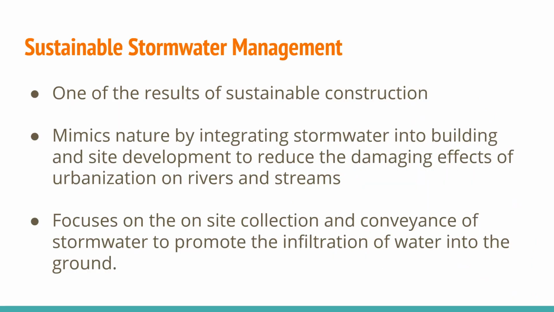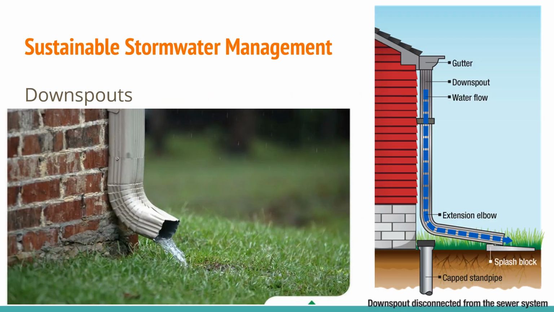Now, as far as sustainable stormwater management goes, this is one of the kind of byresults of sustainable construction. And with it, we aim to mimic nature by integrating stormwater into building and site development to reduce the damaging effects of urbanization on rivers and streams. In addition, it focuses on the on-site collection and conveyance of stormwater to promote the infiltration of water into the ground.